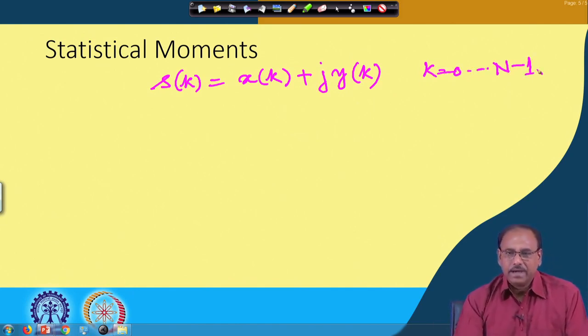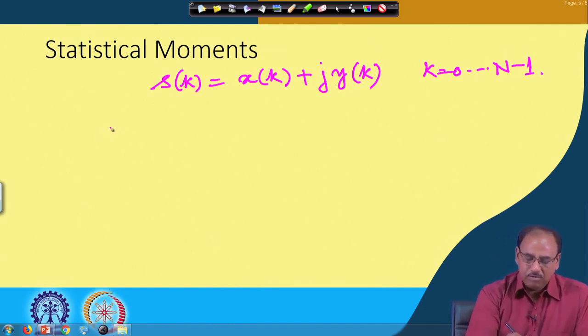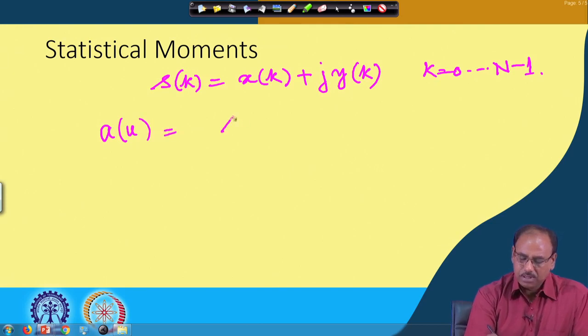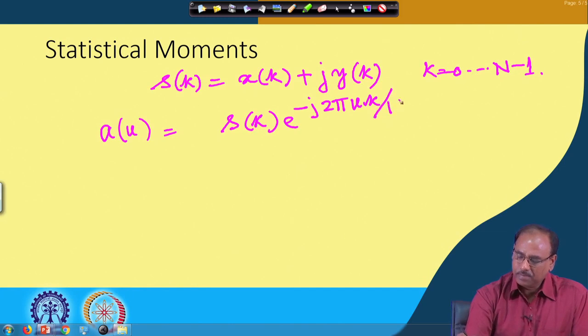And I take the Fourier transformation, and you know the Fourier transformation is given by Au is equal to Sk e to the power minus j 2 pi u k by N, right.